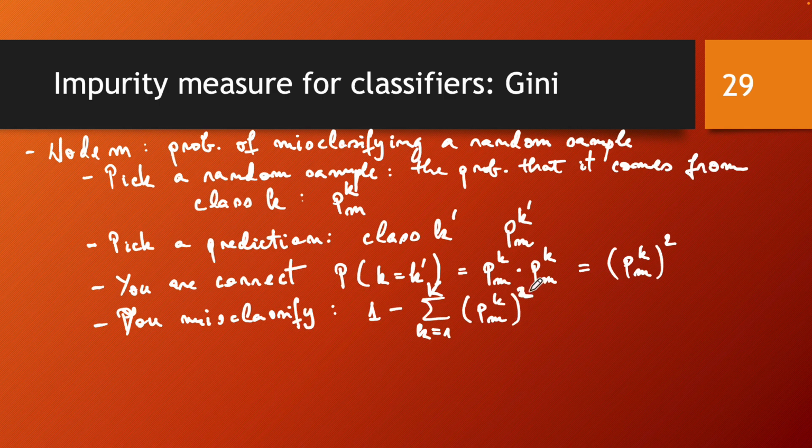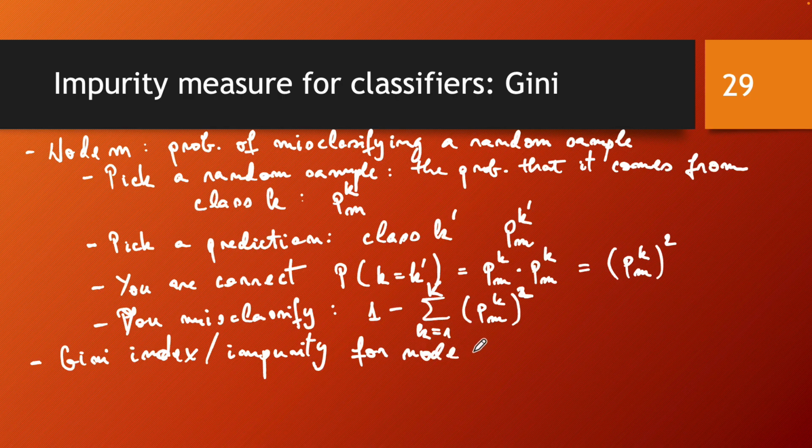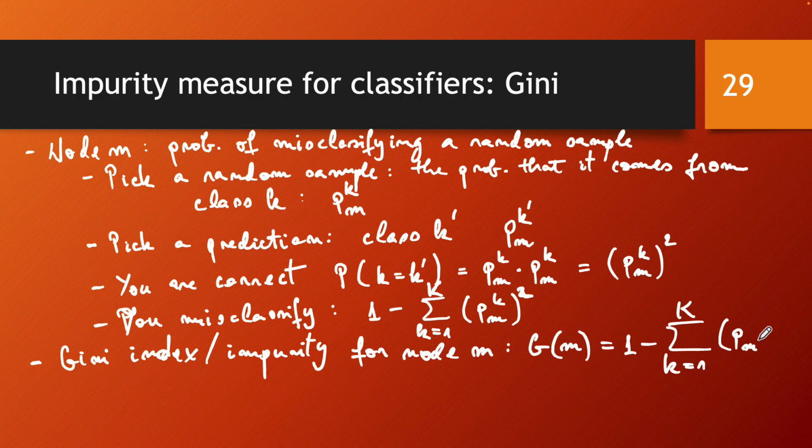And this is exactly the definition that you give for the Gini index, or Gini impurity, as it's also called. So impurity for node M is defined to be exactly what I calculated here in terms of the probability of misclassification. So it's exactly 1 minus the sum from 1 to capital K of PMK squared.